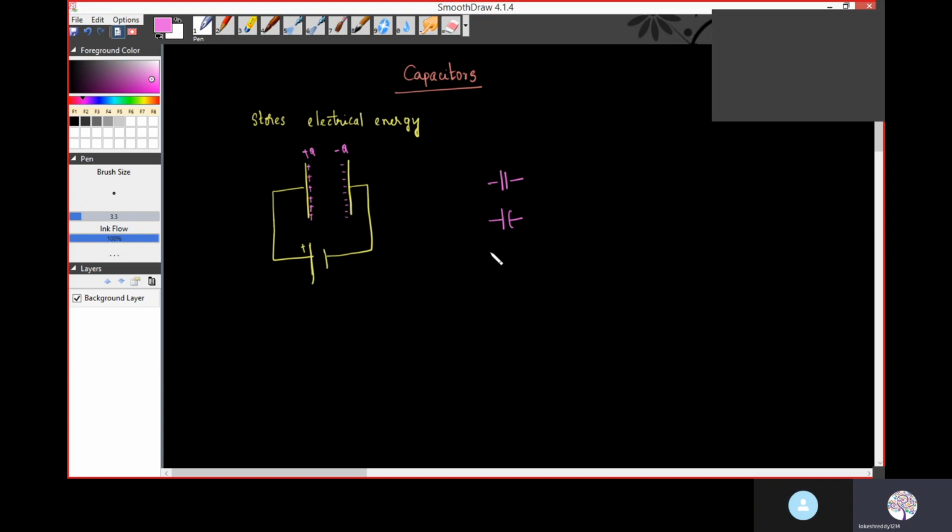Now let us see how to calculate the value of the capacitance.